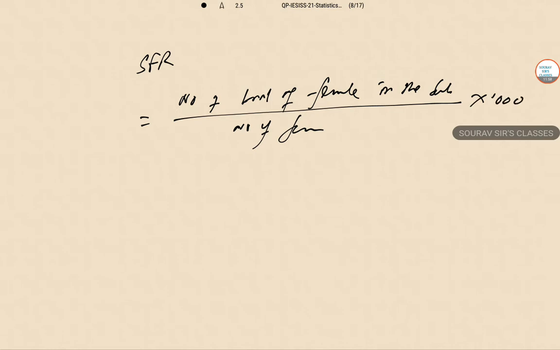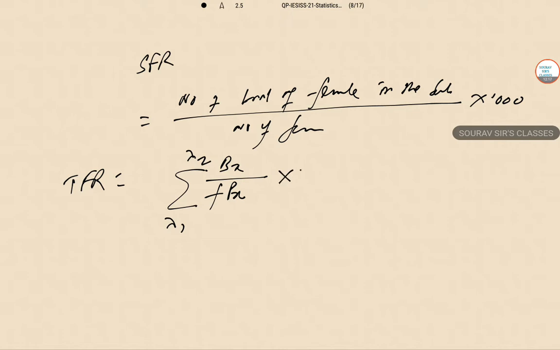So this one is pretty direct. And the one I was talking about, the TFR, is also a very nice formula: the summation from lambda 1 to lambda 2 of B_x over P_x into K.